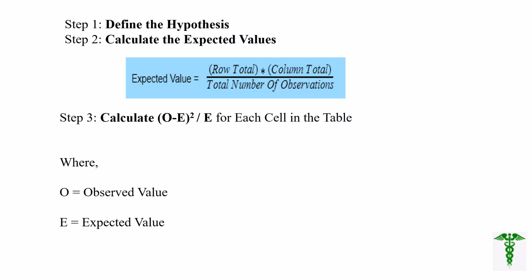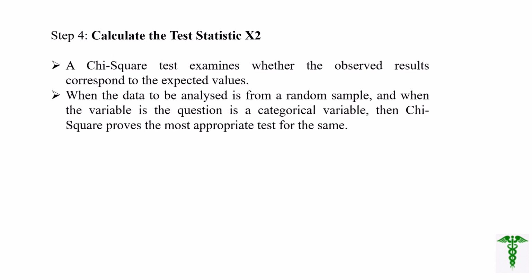Based on this, we find the value for each cell: (O minus E) the whole squared divided by E, where O is the observed value and E is the expected value. After getting each cell value, finally we calculate the test statistic chi-square.